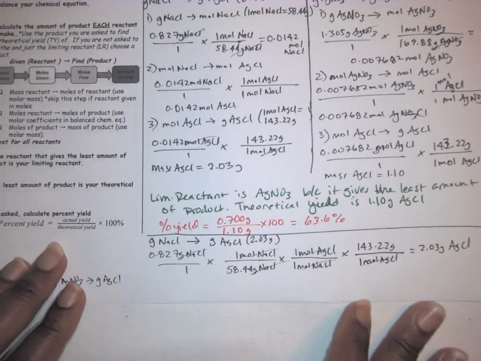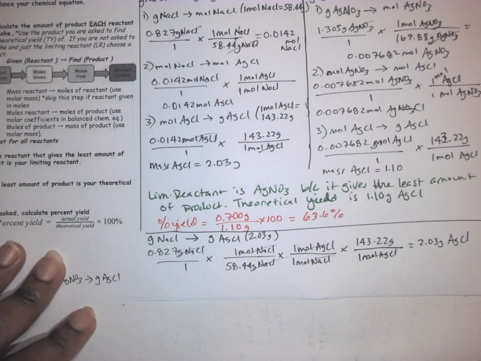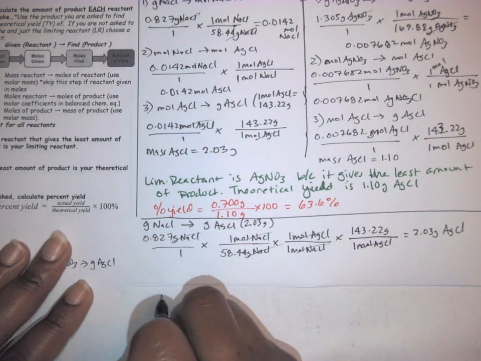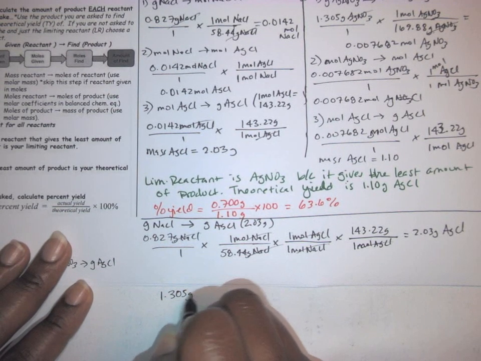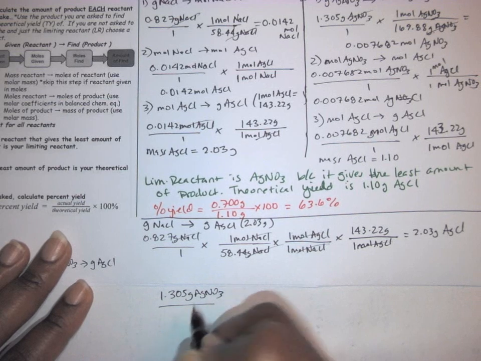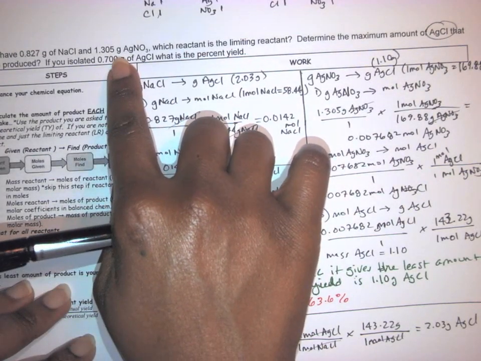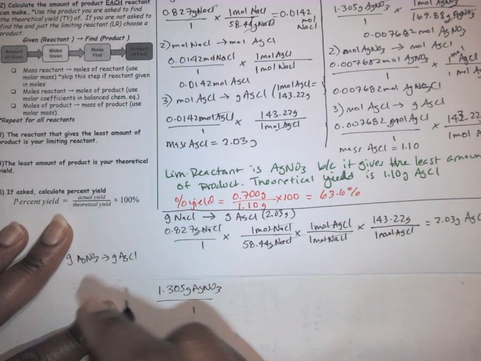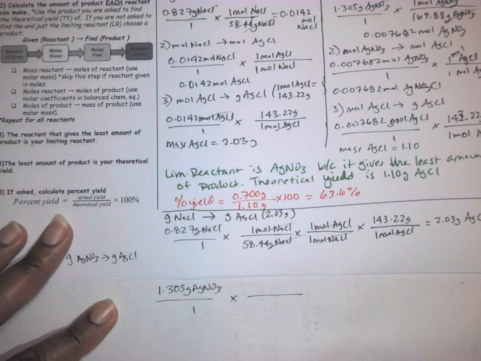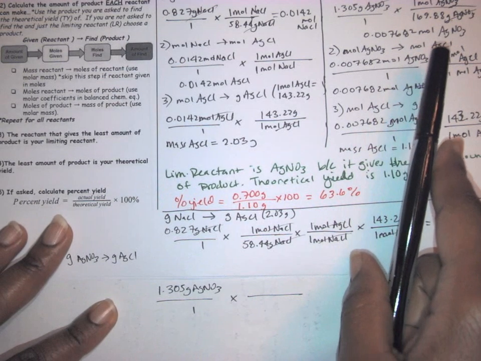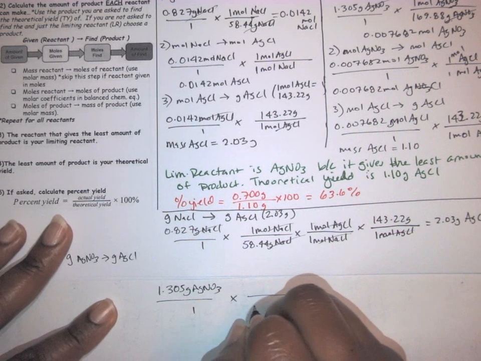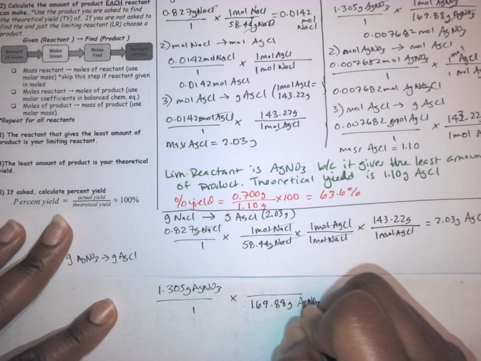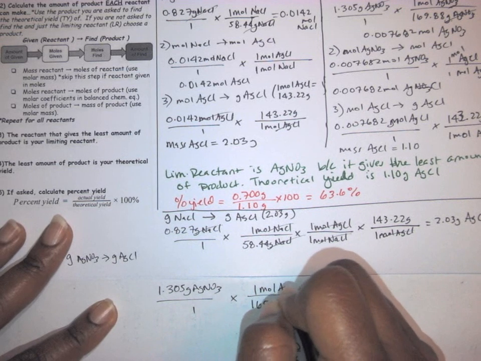For this part, we are starting with 1.305 grams of AgNO3, which I get from my problem, so I put that over 1. I now want to convert that to moles of AgNO3 using the molar mass of AgNO3, which I have already determined is 169.88 using the periodic table. So 169.88 grams of AgNO3 over 1 mole of AgNO3.